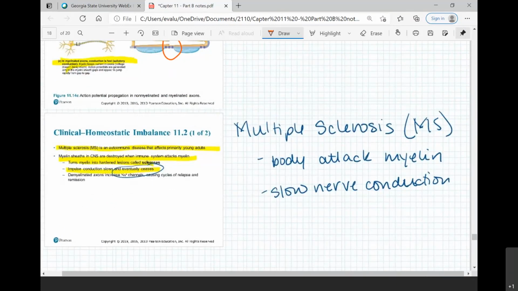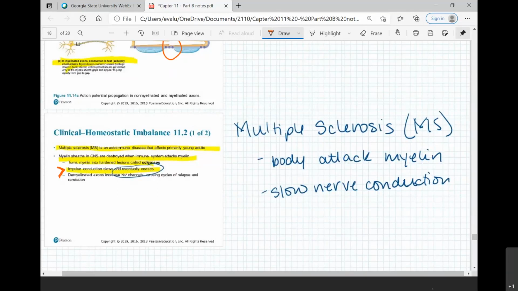Therefore, you get slow nerve conduction, slow action potentials. If you don't have any myelin, you will get that decay of signal. Ultimately with multiple sclerosis, the impulse conduction, that action potential, will slow, and eventually it will cease completely. If you do not have an action potential, you do not have movement of your muscles.